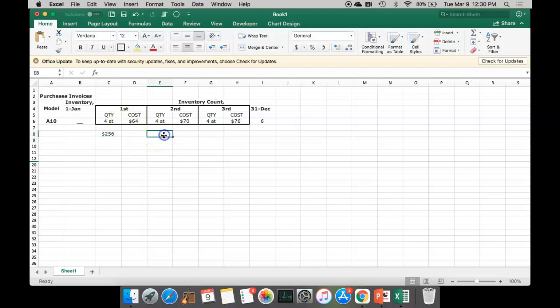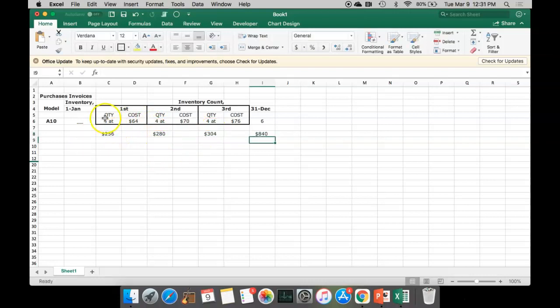And then we'll do this one right underneath it so it's a little bit clearer, equals 4 at the 70. And then equals 4 at the 76. Now we have the total amount here, and we're just going to add them together. So we have the 256 plus 280 plus 304.